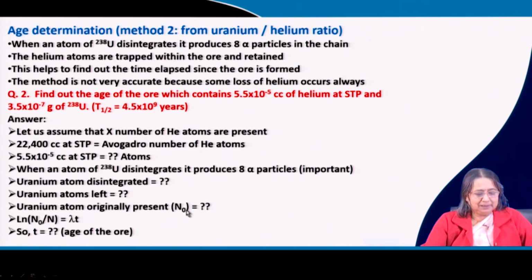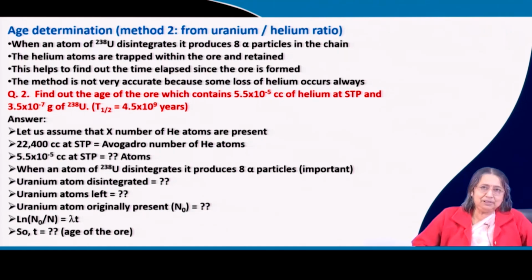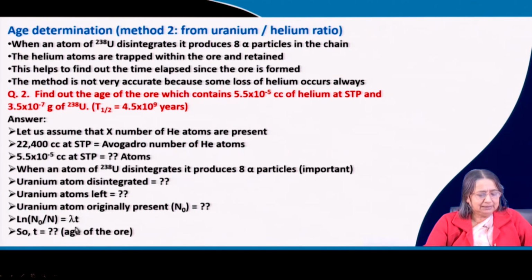Uranium atoms originally present, N0, is how much is disintegrated plus how much is left, just like the previous one, but in this case helium is a gas, so in terms of atoms you have to calculate. Then finally, this is the equation that you have to use to find out the T. Lambda is known because T half is known, N is given, N0 you have to find out.